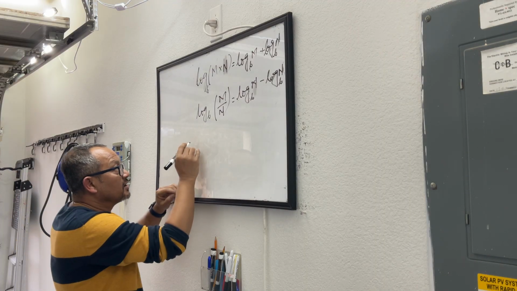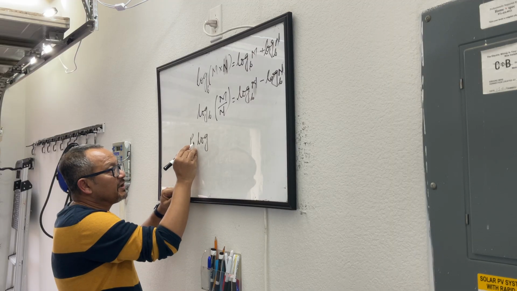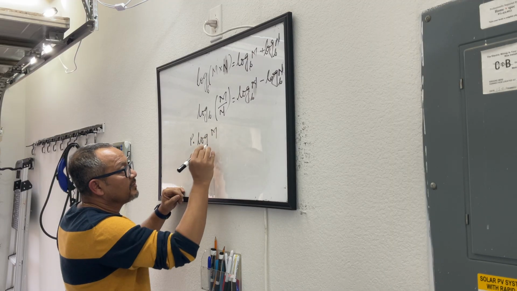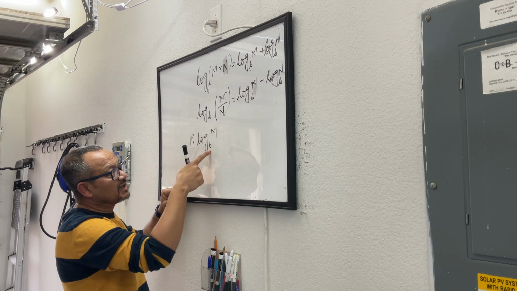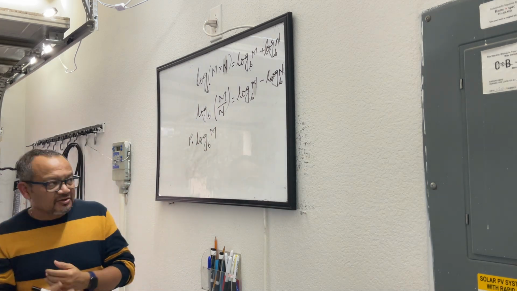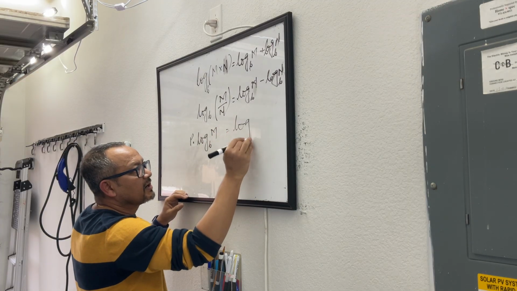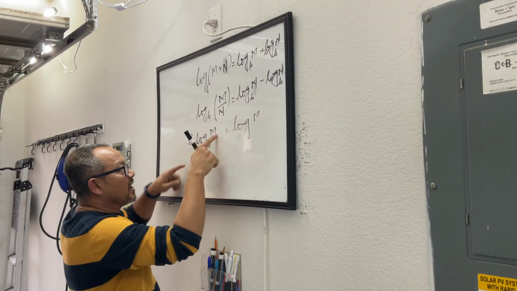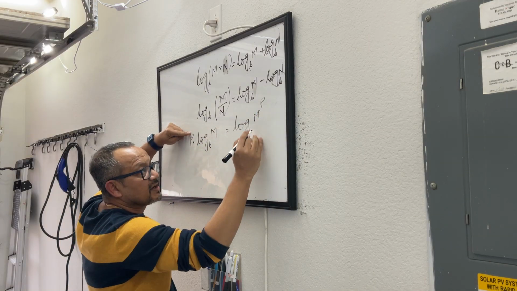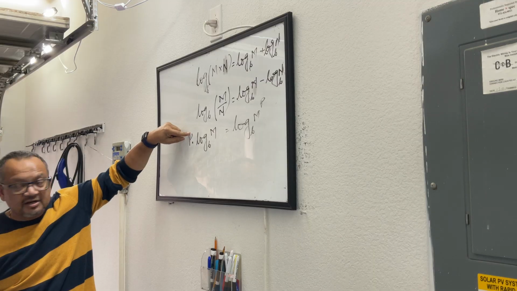Third rule that we have learned is p times log m base b. I'm using the letter b that resonates better as a base, right? So this equals log of m to the power p base b. You guys are able to recall it, right?